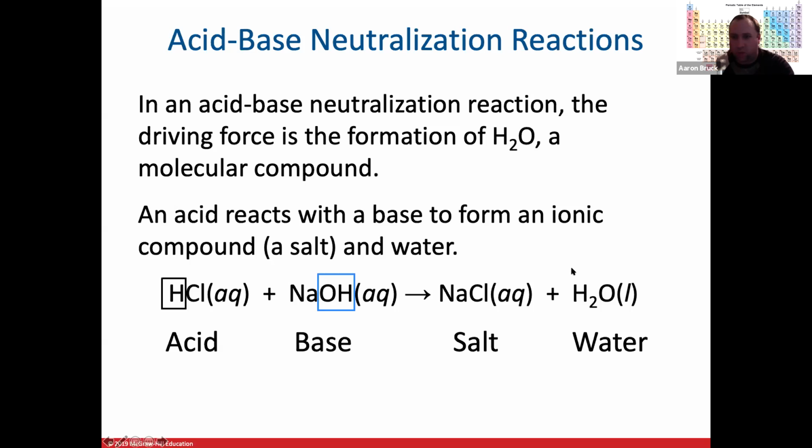Water, H2O, we can think of as the H combining with the OH. So I've got H2 and O that way. That's the product of the double replacement reaction. The other byproduct coming from the sodium and the chloride, being left over, this is our ionic compound, our salt.